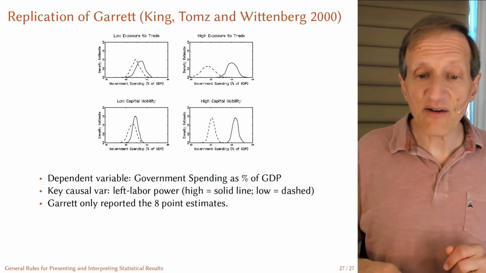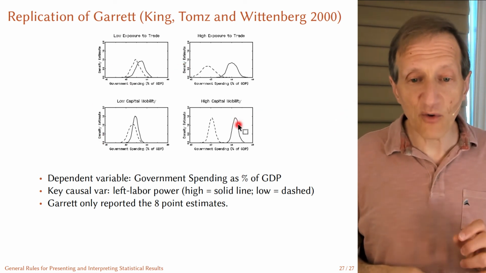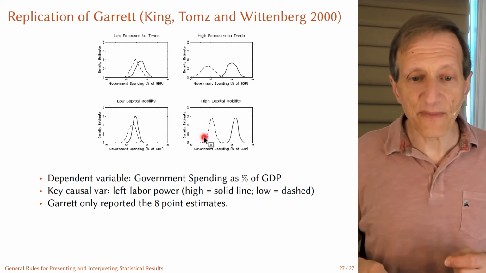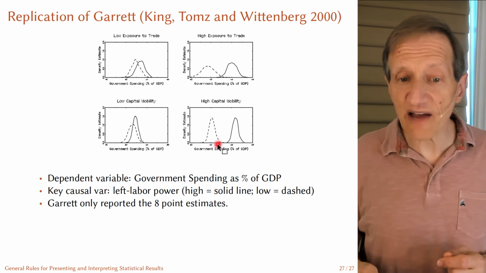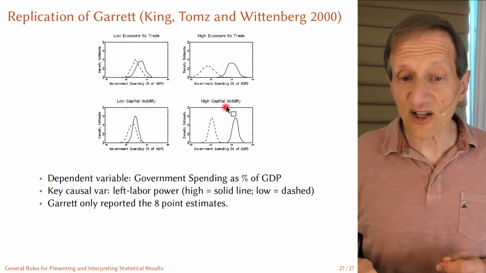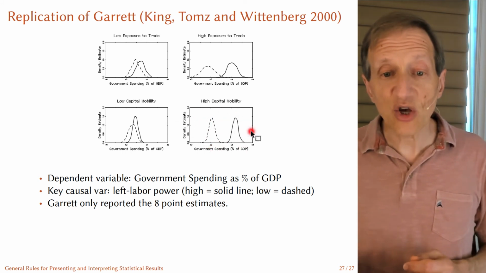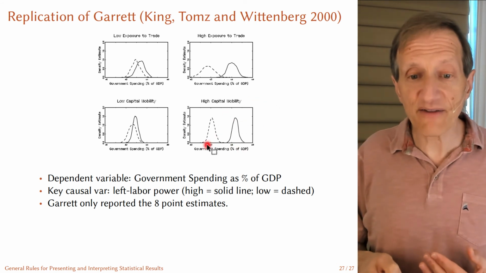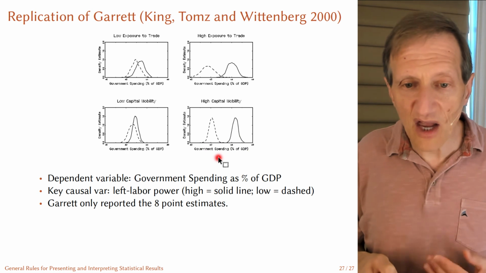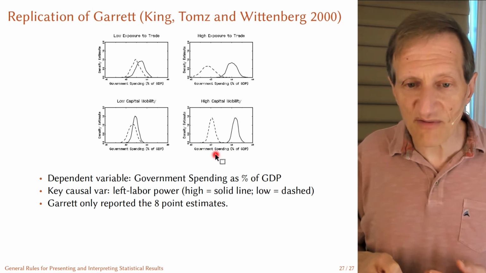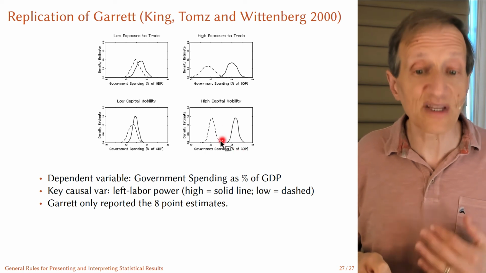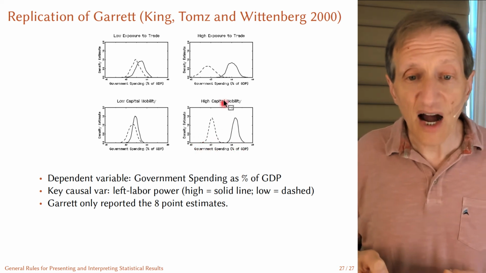We now have a dashed line for the distribution of government spending for low left labor power, and a solid line for high left labor power. For countries with high capital mobility, there's a big difference between these two. The government spending as a percent of GDP went from 40 to maybe 45%, that's a big difference.